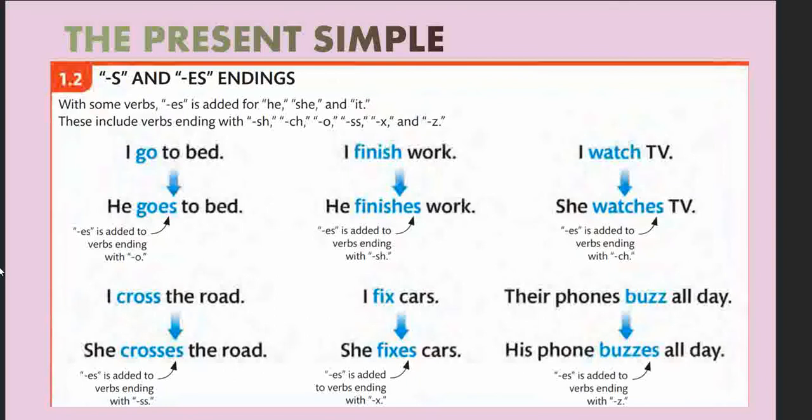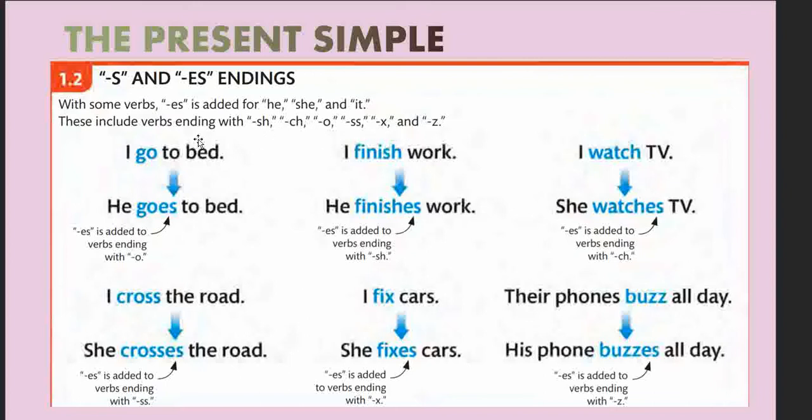Now the simple present tense, adding S and ES with endings. With some verbs, ES is added for he, she and it. These include verbs ending in SH, CH, O, SS, X and Z. If you remember, when noun plurals are formed, words ending with these sounds or letters take ES for plural.